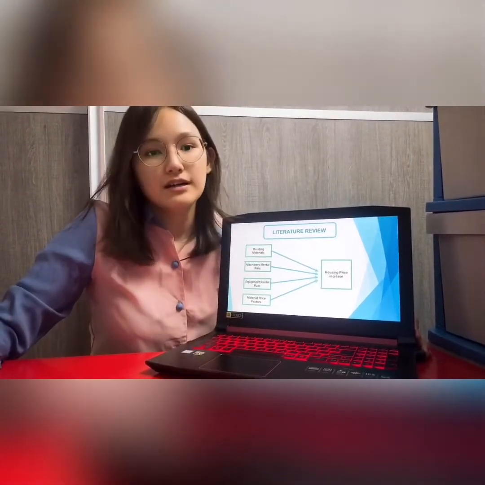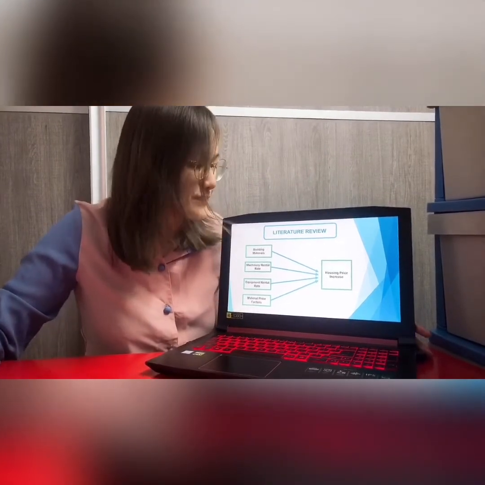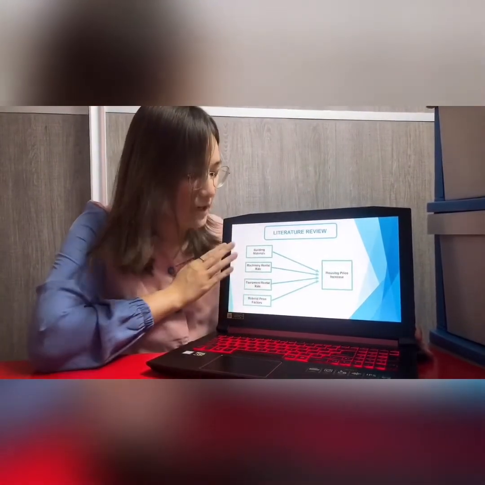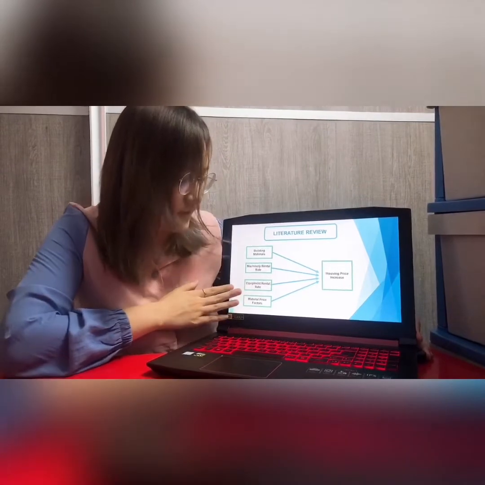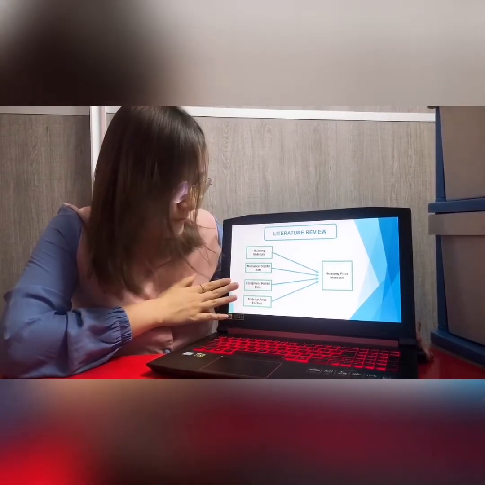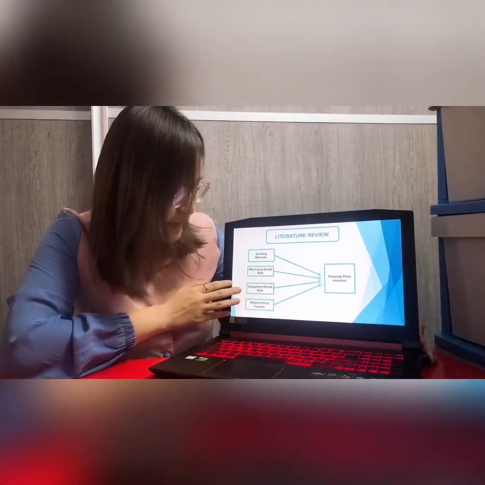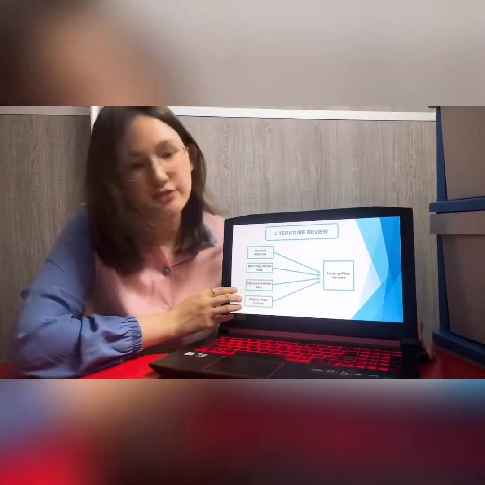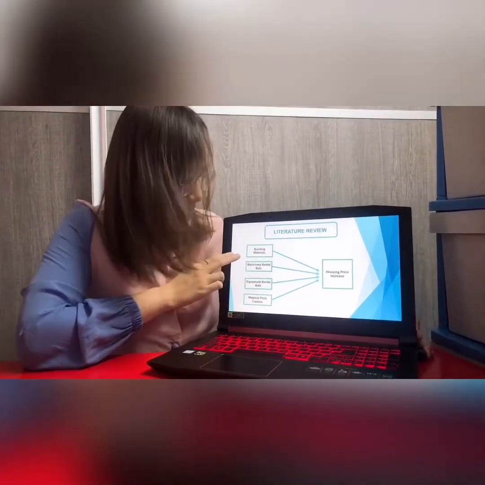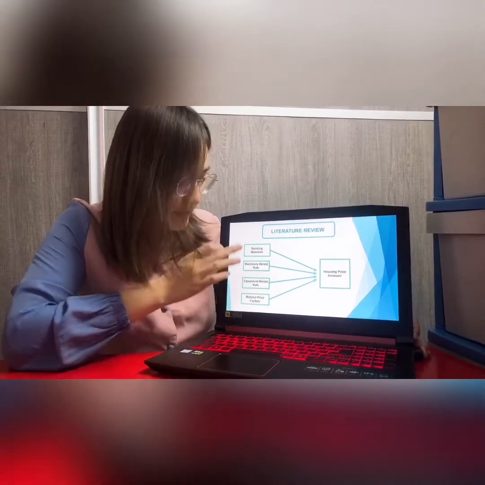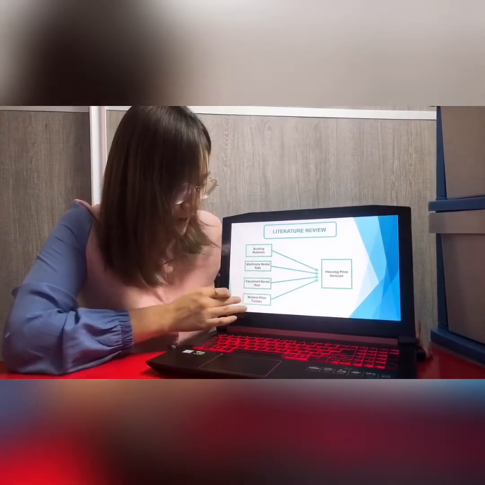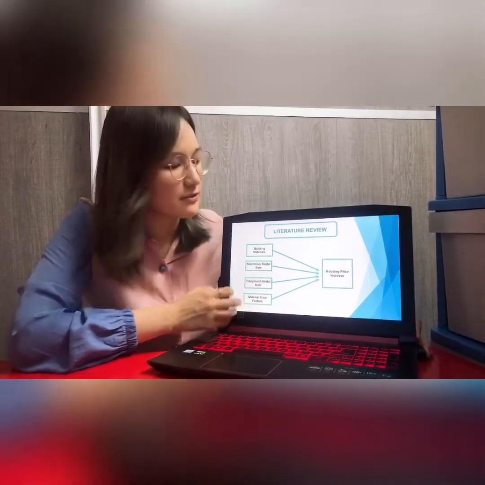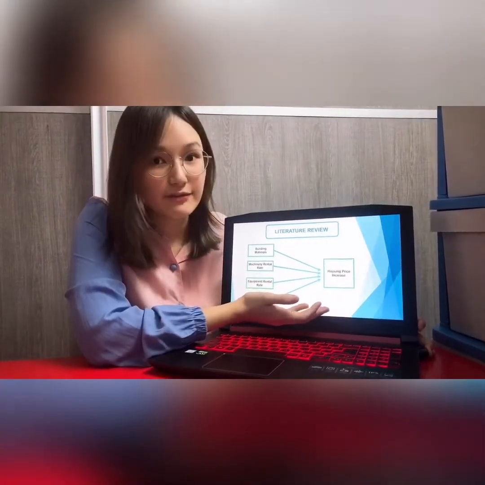So the literature review, this is my conceptual framework of the literature review. There are 4 internal factors, which are the building materials, the machinery rental rate, the equipment rental rate, and the material price factor, which affect the housing price increase.